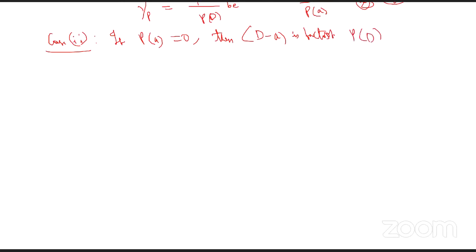Case 2: if P(a) equals 0, then D minus a is a factor of P(D).